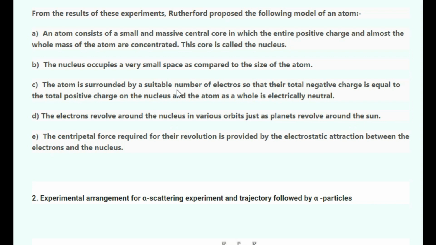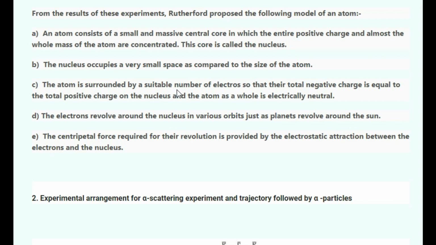We know that whenever we have to revolve something, it needs a centripetal force. And where will that centripetal force come from? It was coming from the electrostatic attraction, the Coulomb forces, that existed between the positively charged nucleus and the negatively charged electrons, and that was the cause of this motion.